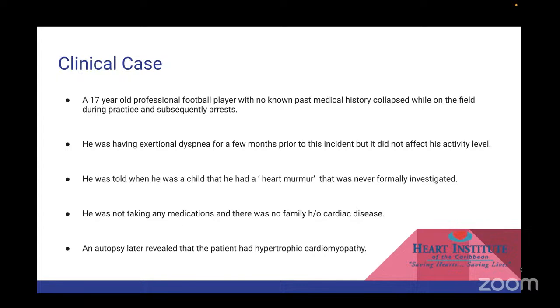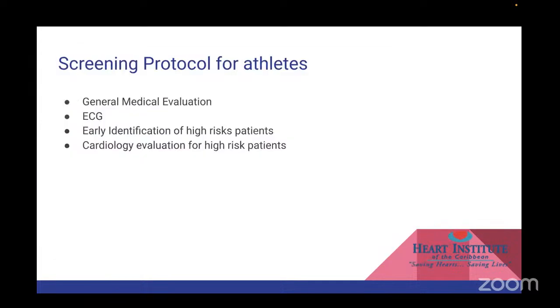So for screening protocols, for all athletes and anybody involved in sports at any level, they should have a general medical evaluation to find out about any history, family history. And all of these athletes should have a baseline ECG.